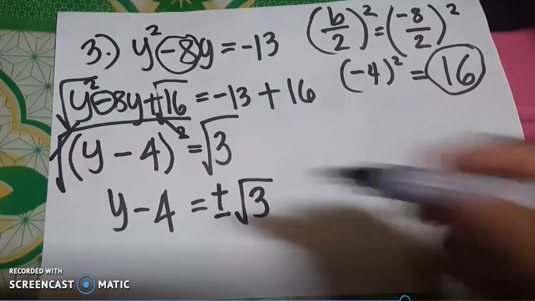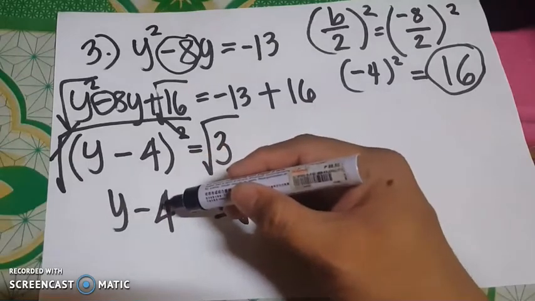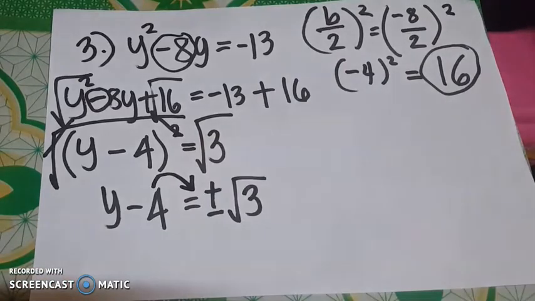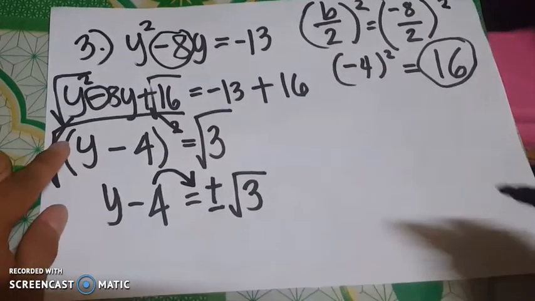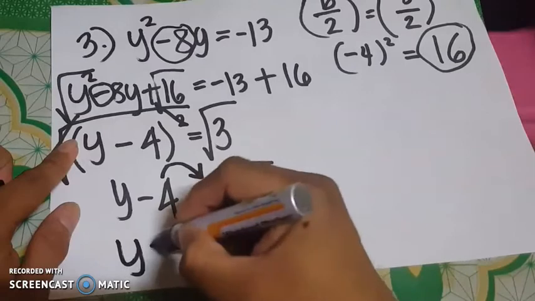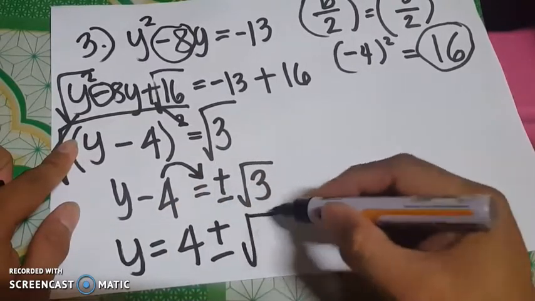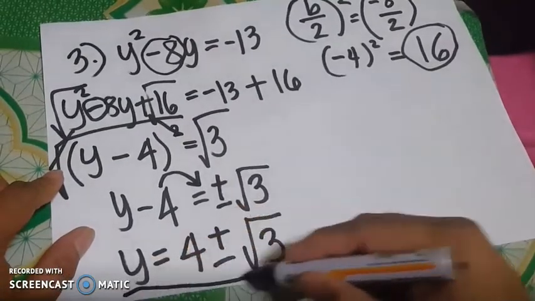So we're not yet through because y here still has negative 4 with it. So all you have to do is just simply move negative 4 to the right side of the equation. So when you do that, you'll have y is equal to positive 4 plus or minus the square root of 3. So this is already the solution.